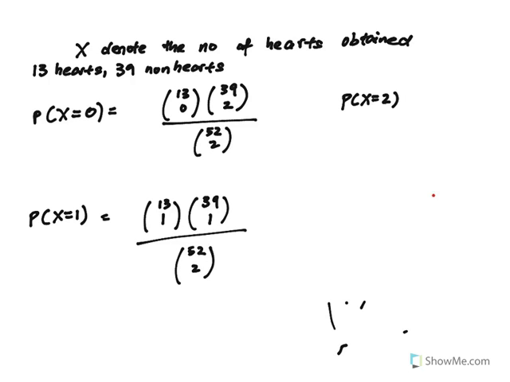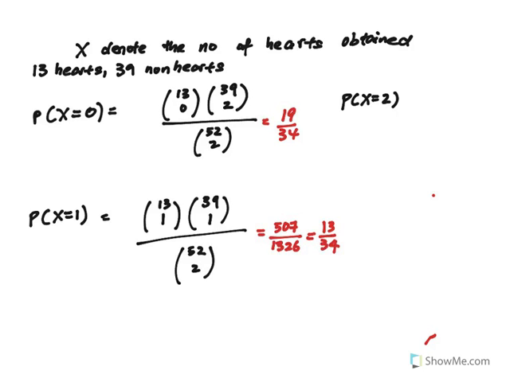By the way, the answer for X equals 0 is 19 over 34, which you can simplify. Here, the answer you get is 507 over 1326, and using your calculator, this is 13 over 34.